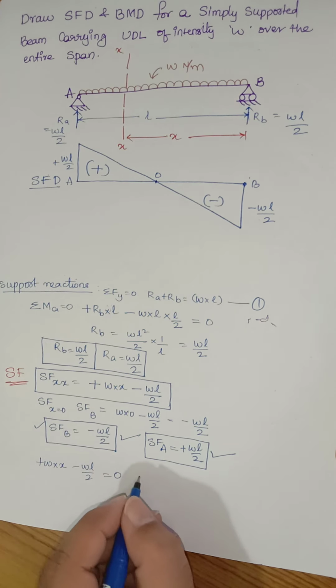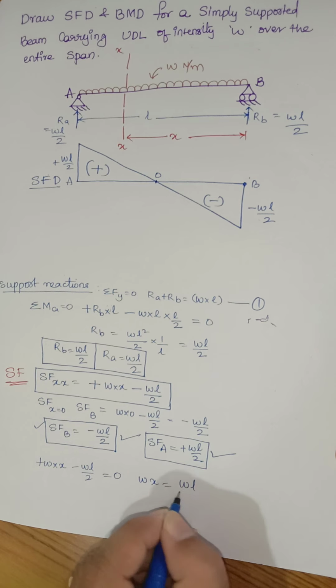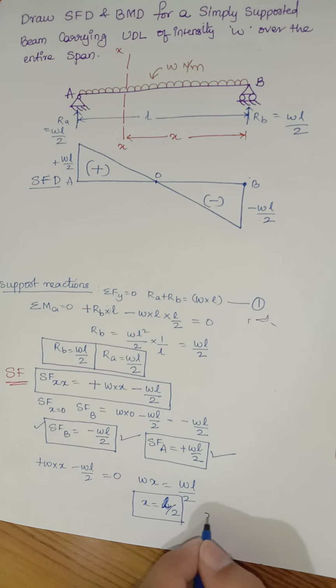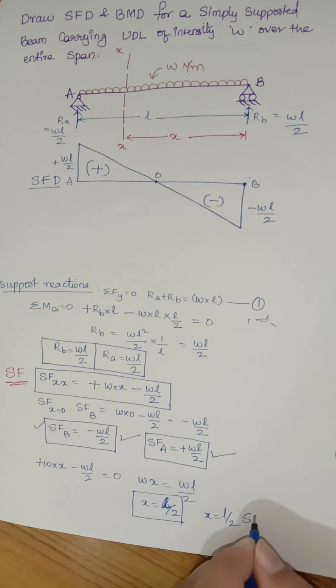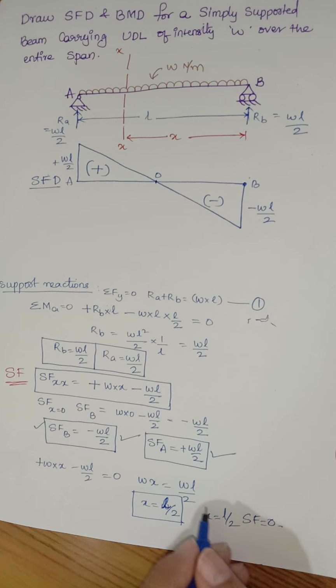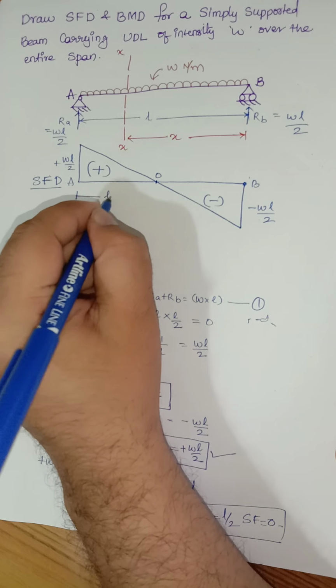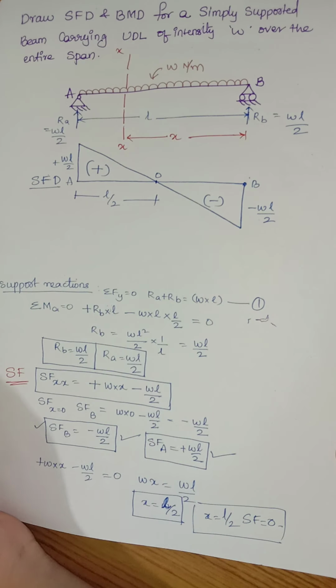Now, W into X is equal to WL by 2. Now, X will be equal to L by 2. At a distance of X equal to L by 2, shear force is equal to 0. That means exactly at a distance of L by 2, shear force is equal to 0.